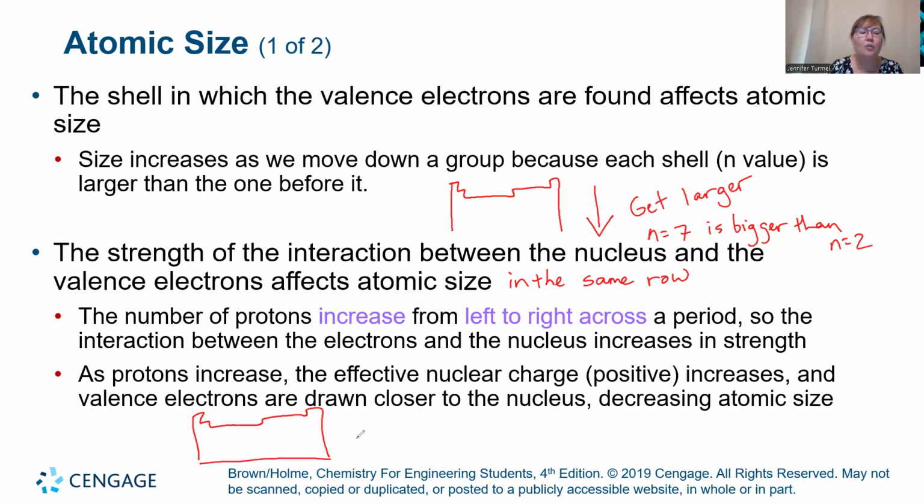So as we move across the periodic table from left to right, we're adding protons. Okay. Makes that positive charge increase. And that's going to pull the electrons closer and decrease the atomic size. So as we move across the table like this, we get smaller.